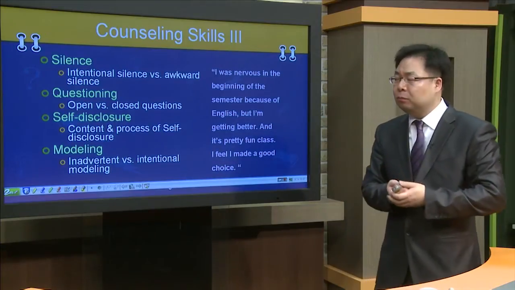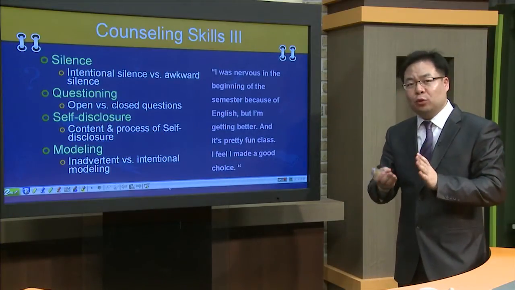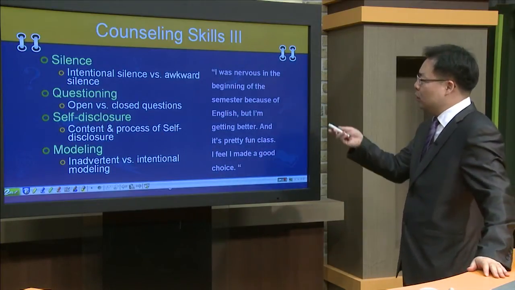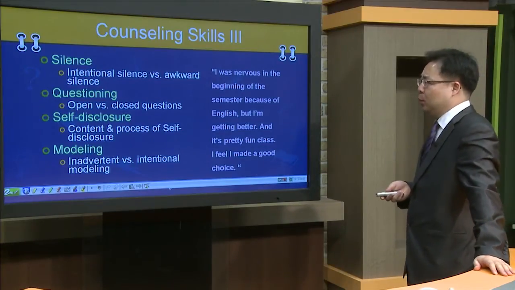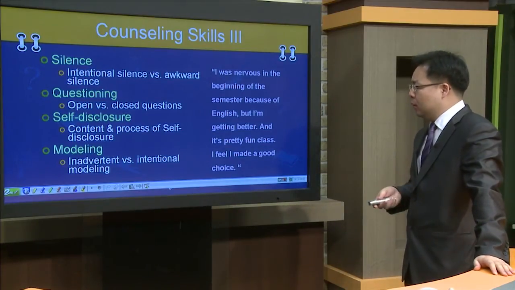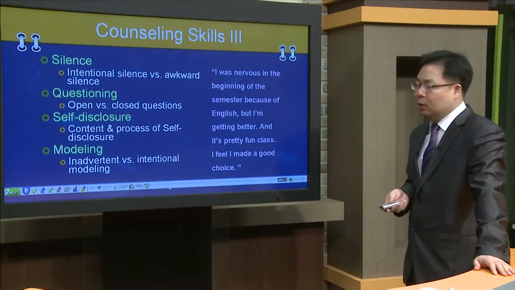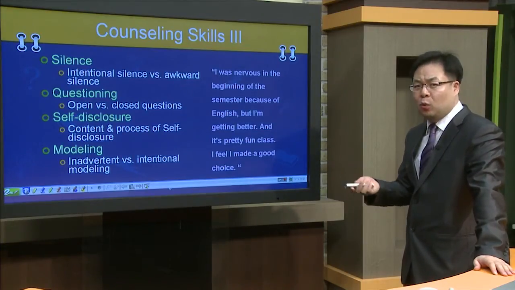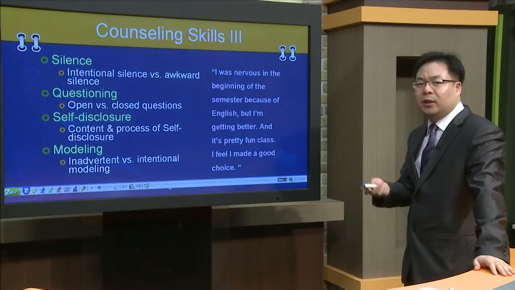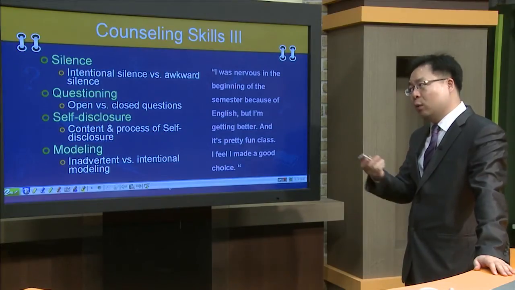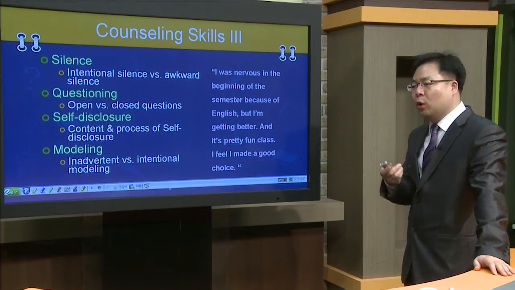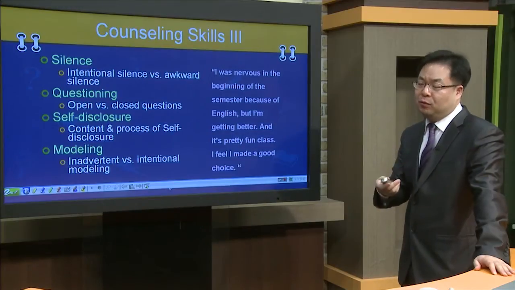The questioning, we use lots of questions during the counseling session. For example, "I was nervous in the beginning of the semester," but even the client said it's pretty fun. Well, we want to clarify what was fun. What was the fun in your class? So that would be an open question. So we want to get more information from the client.